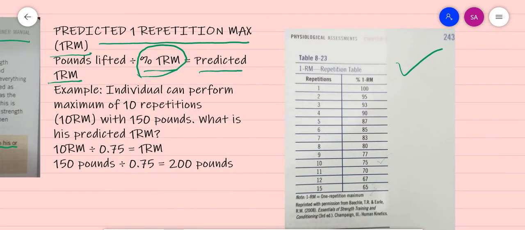Based on the repetitions, like in this example, the individual can perform a maximum of 10 repetitions. If that individual can perform 10 repetitions, that means his or her 1 RM is basically 75%. That repetition means the percentage is 75%.